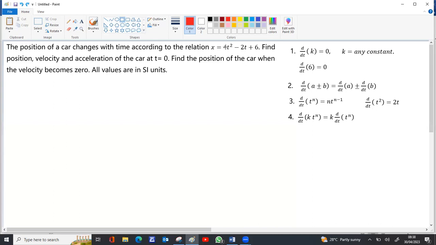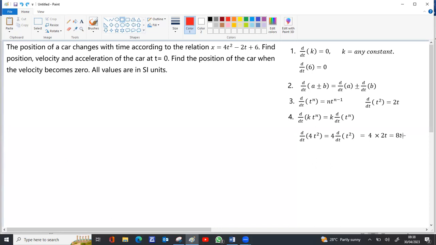So here we have 4t squared. d by dt of 4t squared is the same as 4 going out times d by dt of t squared. d by dt of t squared we already got as 2t. So 4 into 2t, 8t.